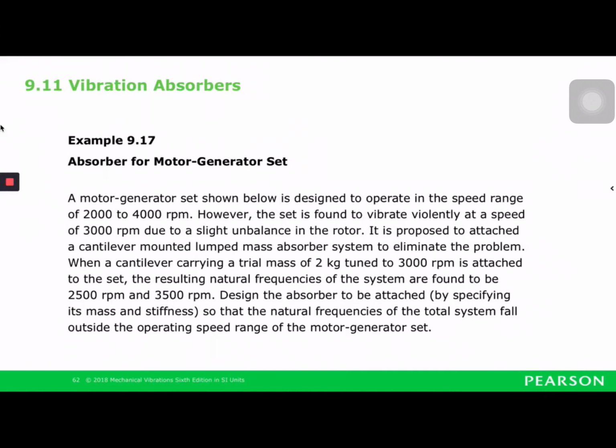So if, for example, we set the natural frequency below 2000 rpm, the system will experience resonance even before it reaches a suitable operating condition. So you do not want that. You do not want that. So it's easier, or it's better, to meddle with the top limit. Okay.